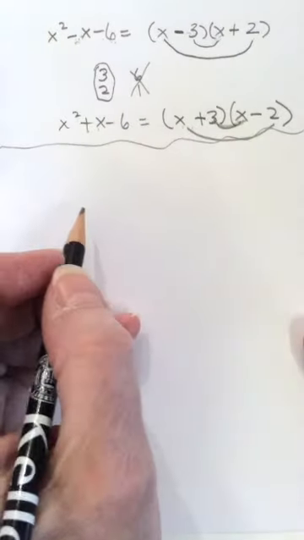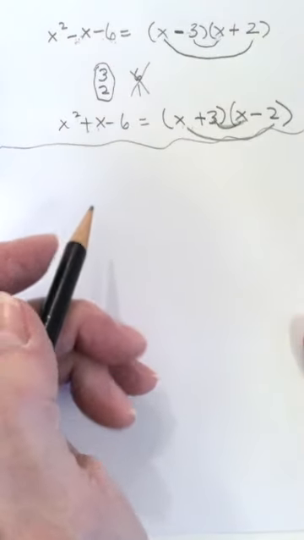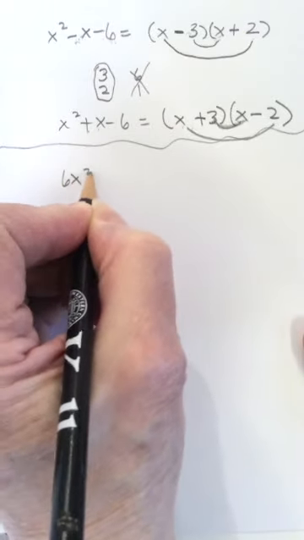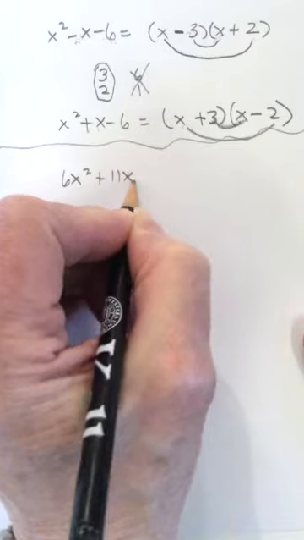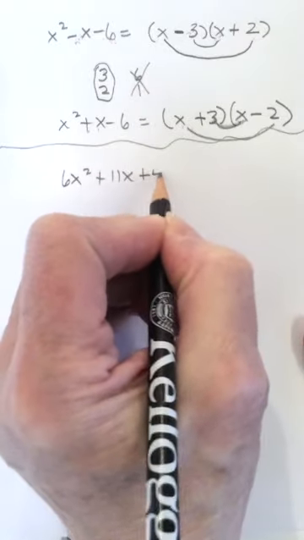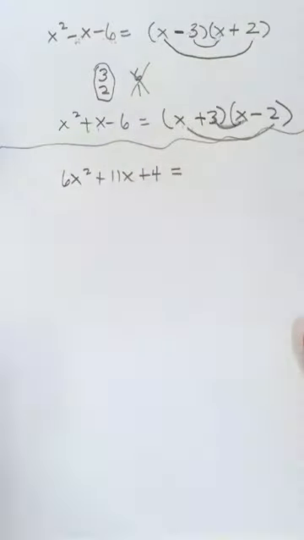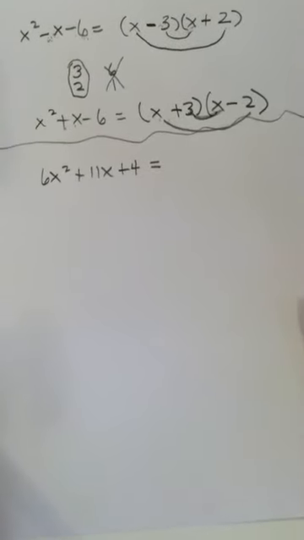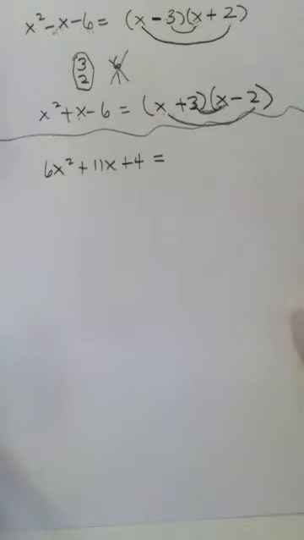What happens when the lead coefficient is something different from 1? Let's take a look at 6x squared plus 11x plus 4. Well, now there are a lot more possibilities, aren't there? So trial and error could be lengthy, but we can be systematic about it.